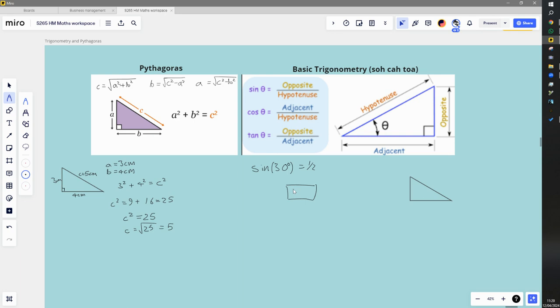Now, what is a function? Well, if you've not done functions yet, basically it's like a machine. So if I put in a value like 30 degrees, I get out another value, and in this case it's a half. Now you can actually run these machines in reverse, all these functions.